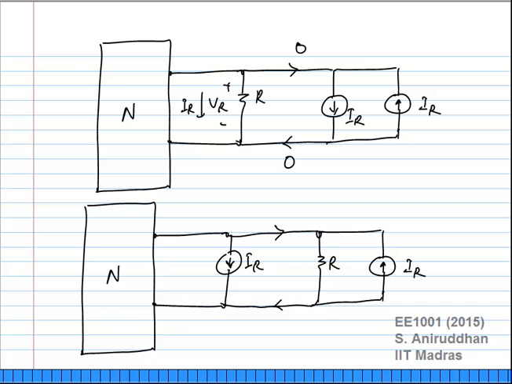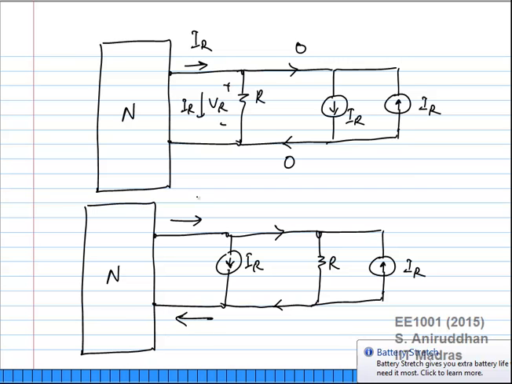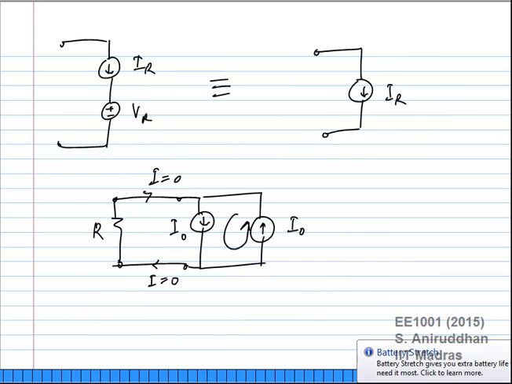I've just swapped one of these current sources with the resistor. What is the current through those two wires now? What is this current? IR. Okay, so this current is IR. I have not changed the network, remember.